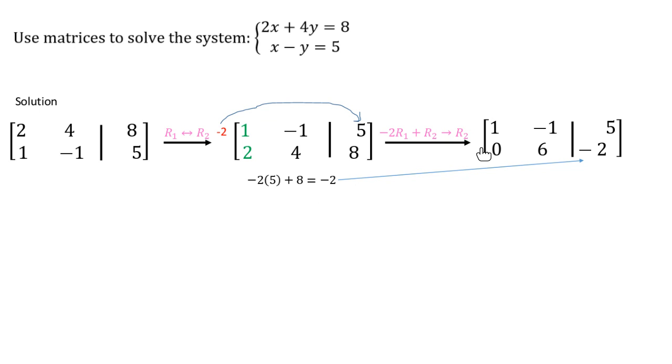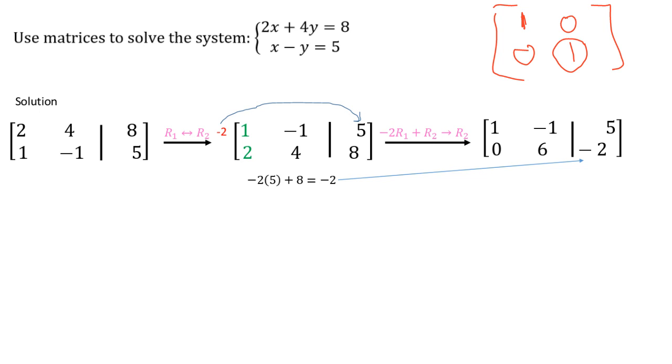Okay, so now if we're looking at our goal, we have the 1 and we have the 0. Next we want to work with this diagonal. We want to make this a 1. So we have a 6. So your goal is to change that 6 to a 1.